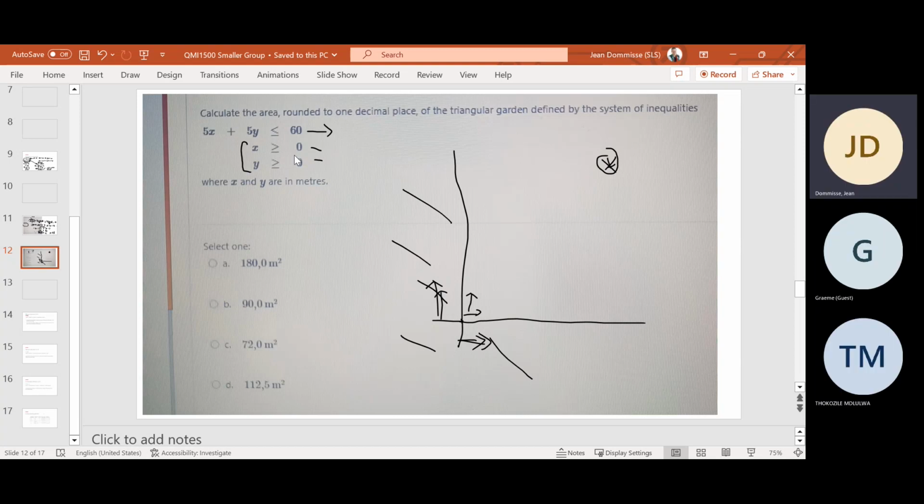Okay, perfect. So like in the normal function, I would have said, okay, when x is 0, what will my y be? When x is 0, that falls away.